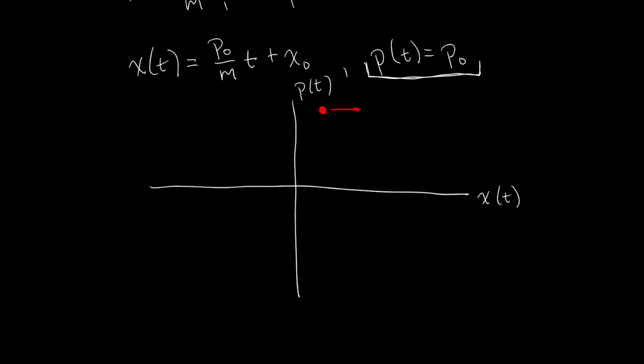Okay? So then we can also see by looking at the other equation that how much it moves in the x direction is determined by this height p. Right? The higher we go in p, the faster it's going to be moving, and the more in the positive direction it's moving.